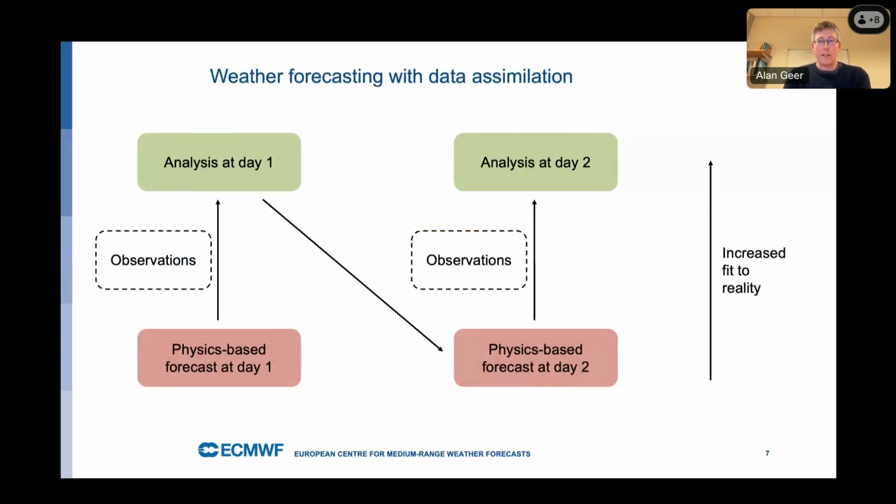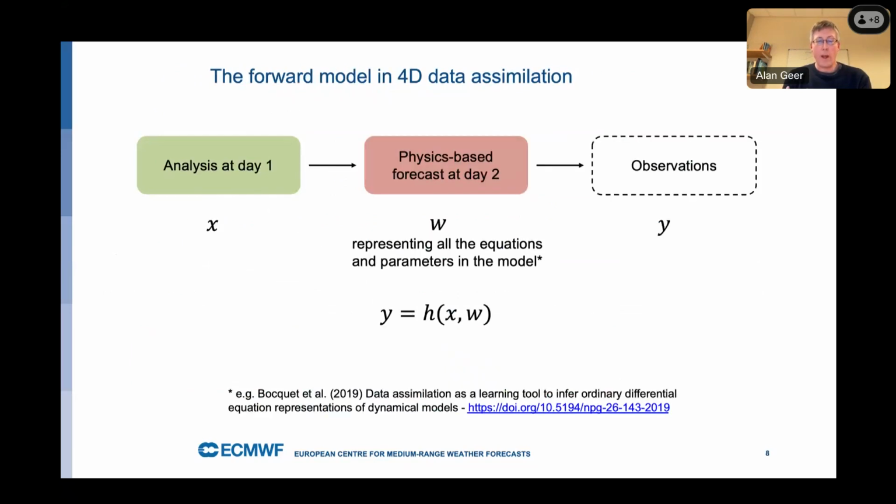So going back to that cartoon of data assimilation, I want to take the components here and just replug them slightly so that we have a forward model, and the model is taking input called X from the analysis at day 1. The time periods don't really matter, but in this case, it's running an entire day's forecast, a 24-hour forecasting period based on a physics-based forecast model.